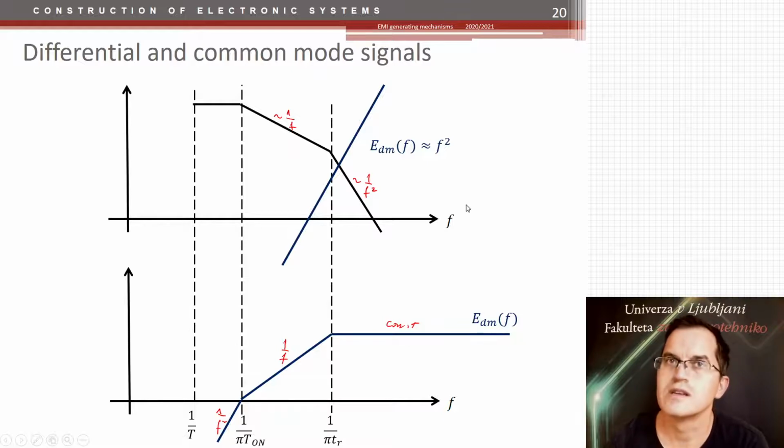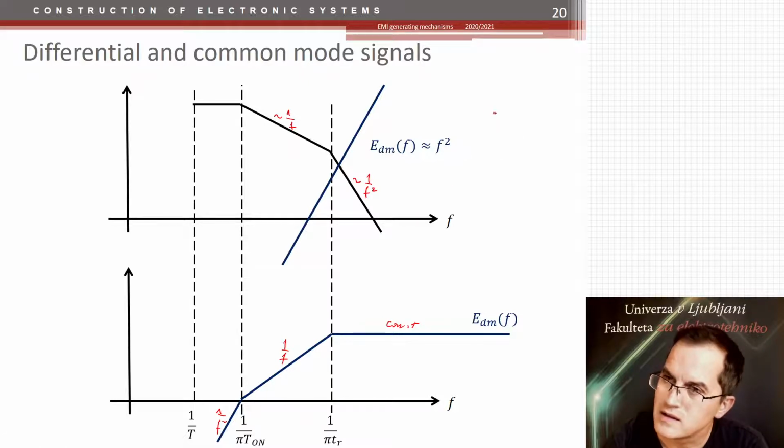But of course, there is a nice thing, because this signal is not perfectly trapezoidal. It has some curved shape, which means that the upper frequencies would go down even with 1 over f cubed at some point.